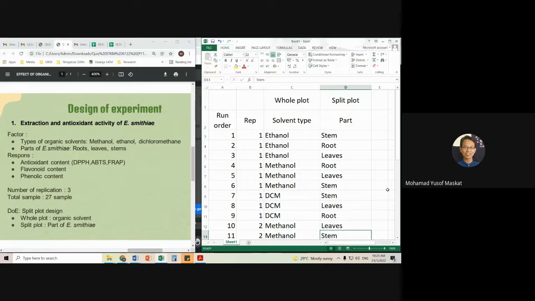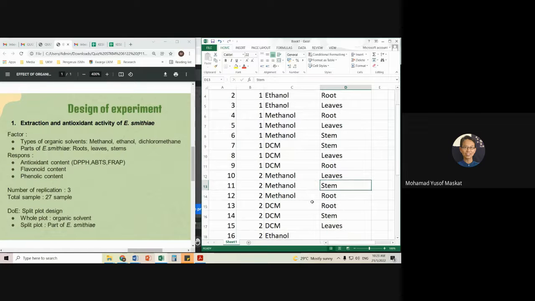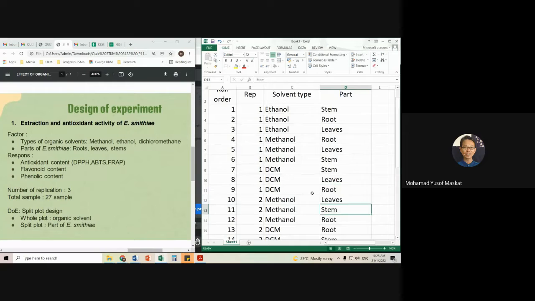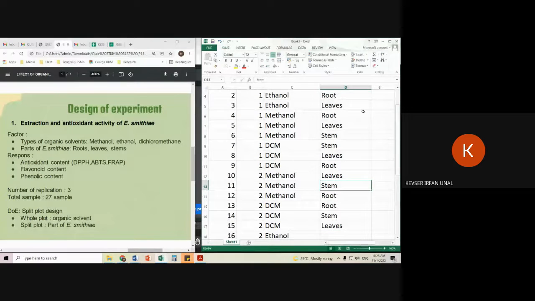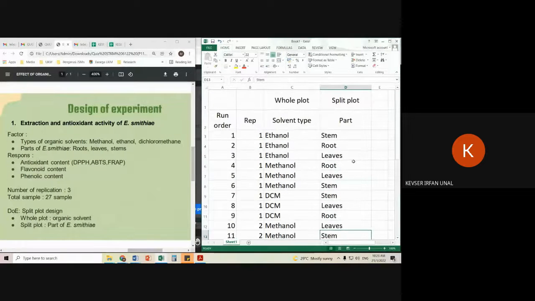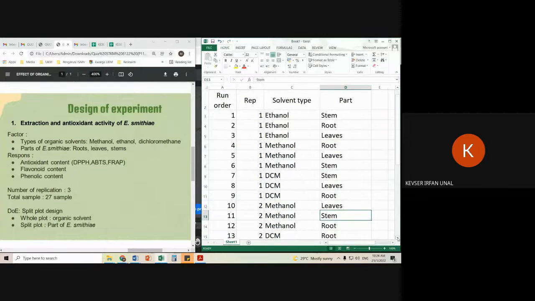No, she cannot, because if she were to do it like that, there is a concern of bias, because all the ethanols will be done first, followed by the methanols. I get it, but the reason for doing that is because we want to handle one particular solvent at one time only.